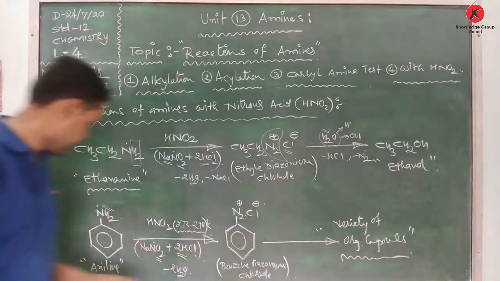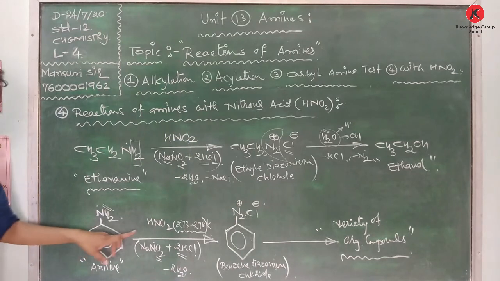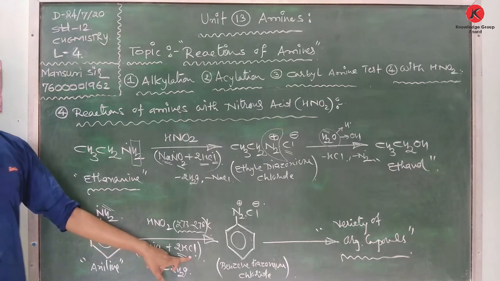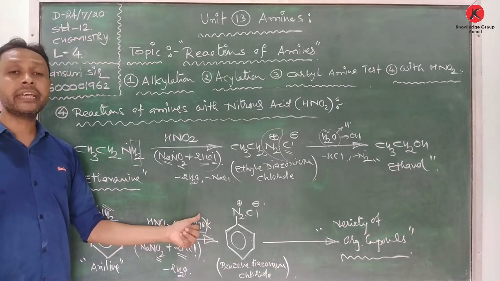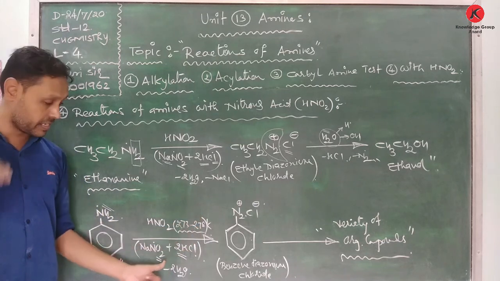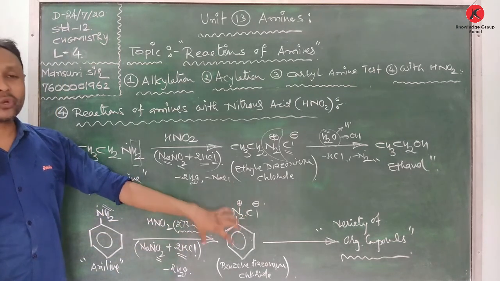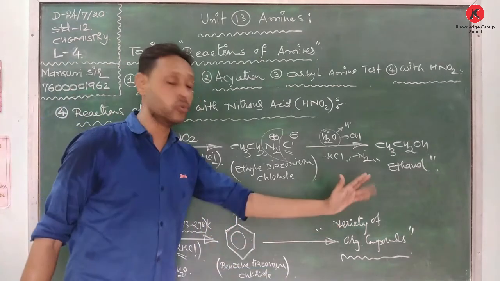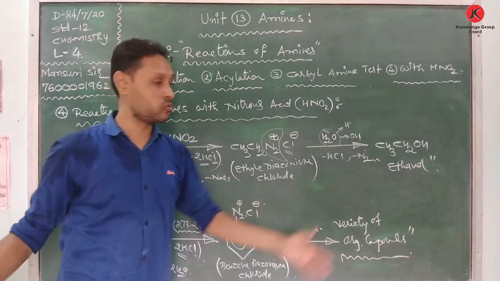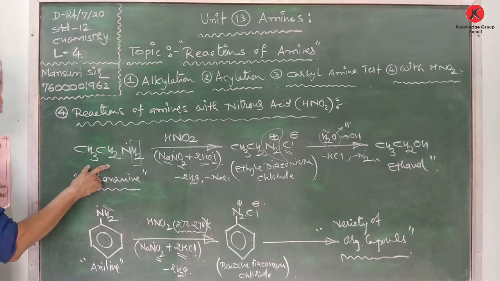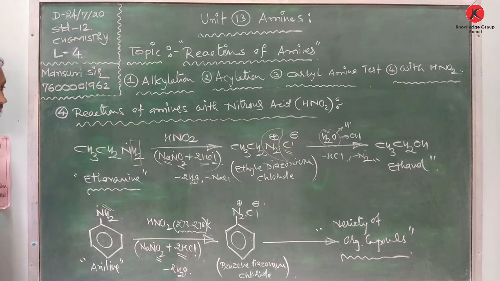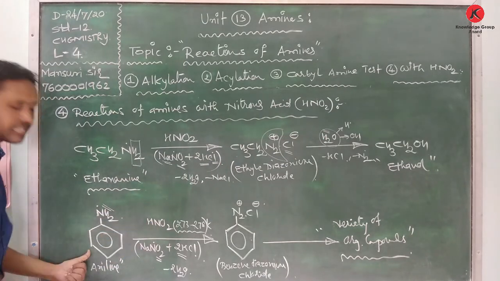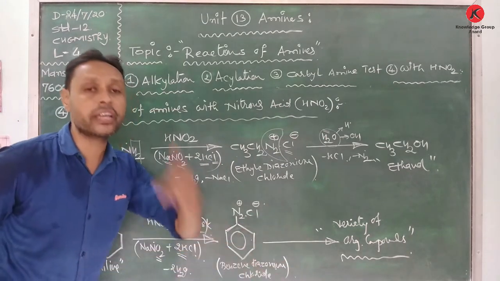So when aniline reacts with the mixture of sodium nitrite and hydrochloric acid at a temperature of 273 to 278 Kelvin, by maintaining this temperature we can form the diazonium salt. After making this diazonium salt, it will be converted to a variety of organic compounds. When an alkane amine reacts with nitrous acid it forms alcohol, but aniline reacts with nitrous acid and forms a variety of organic compounds.